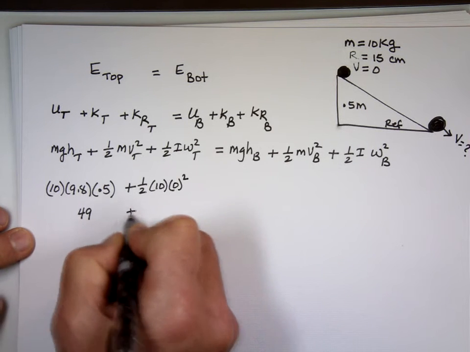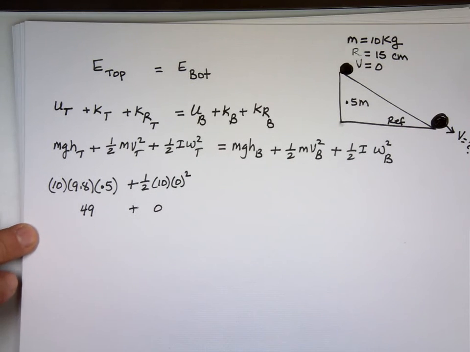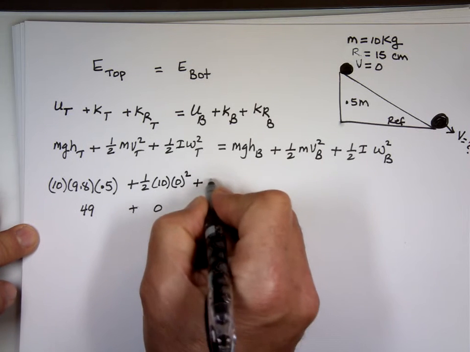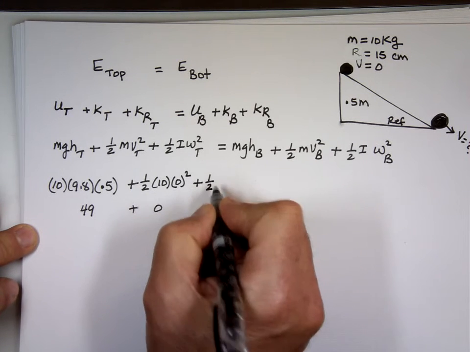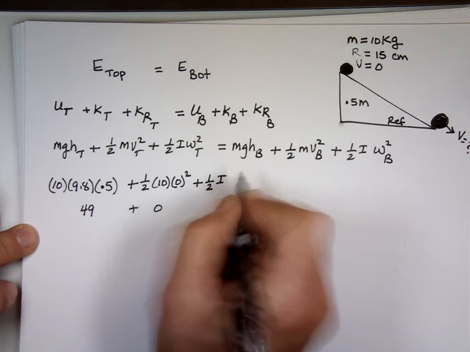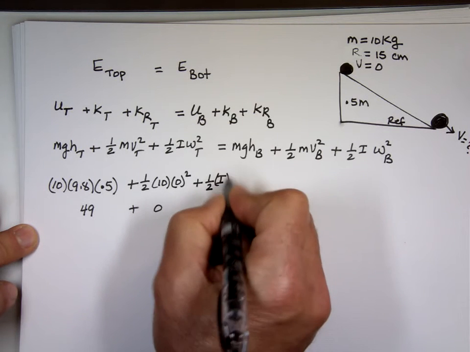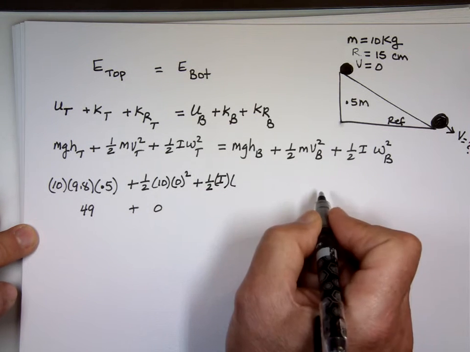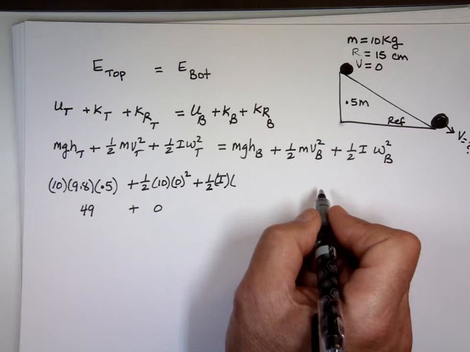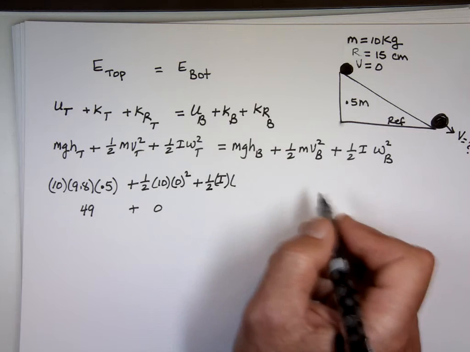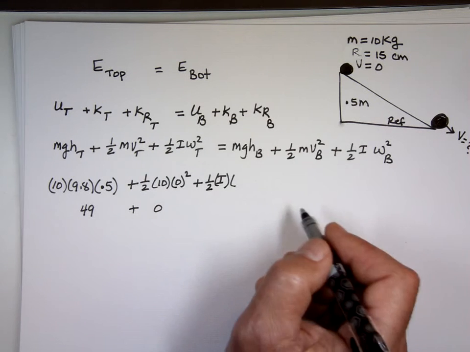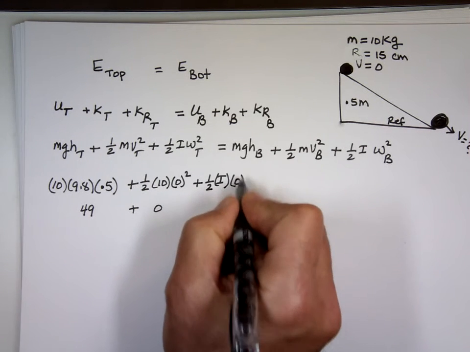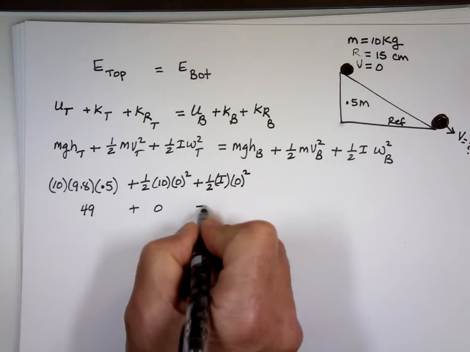That's a 0. The rotational kinetic energy, 1/2 I, I don't know I yet, I'll give you I in a minute. But what is ω at the top? It's V over R, and V is 0, so 0 over R, which is 0. That's a 0.